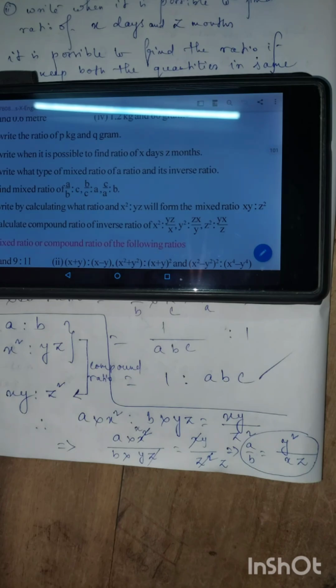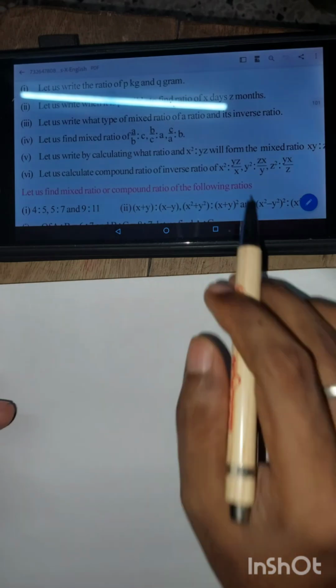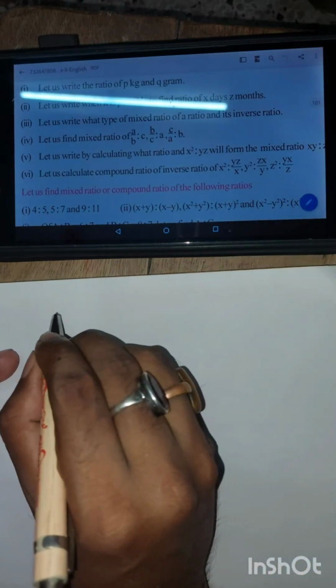Now next question says let us calculate the compound ratio of the inverse ratio of these three ratios. Okay.